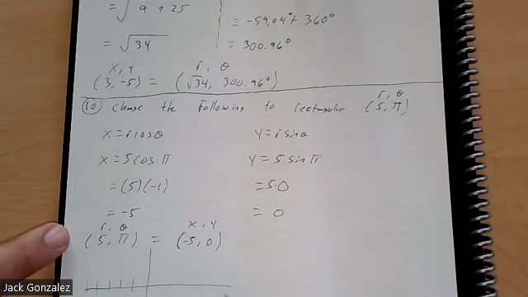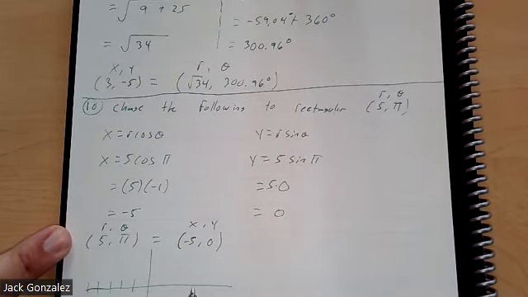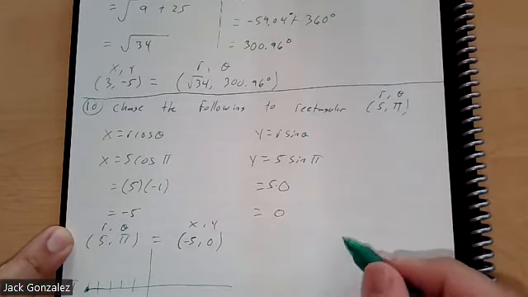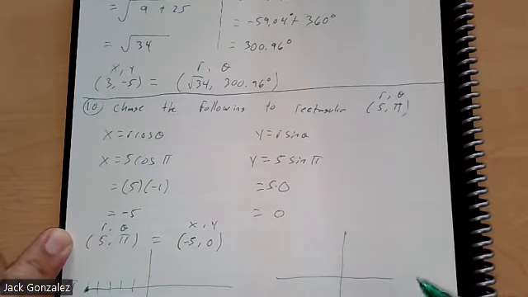If you were to plot r theta, you can see that pi is over here, right? Going out 5, 1, 2, 3, 4, 5, so you would be right there doing the polar plot. If you plot it in x and y, you'd see that it's the same spot, right? -5, 0.